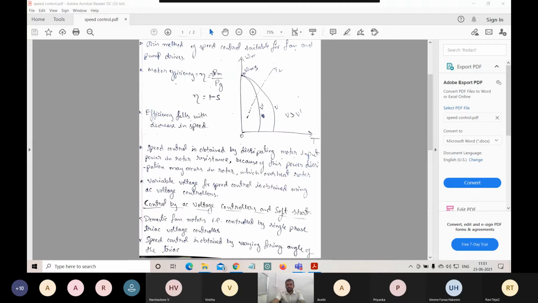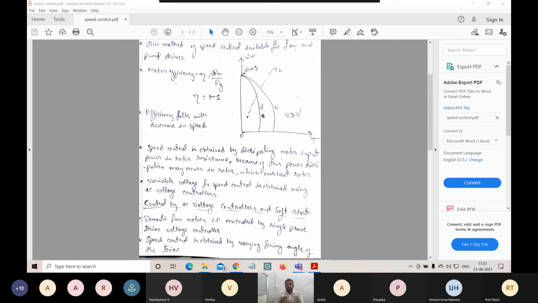Because of this, the power dissipation occurs in the rotor, which overheats the rotor. So mainly we manage the power input and the power output. The dissipating of motor input is nothing but the power that is utilized in our rotor.